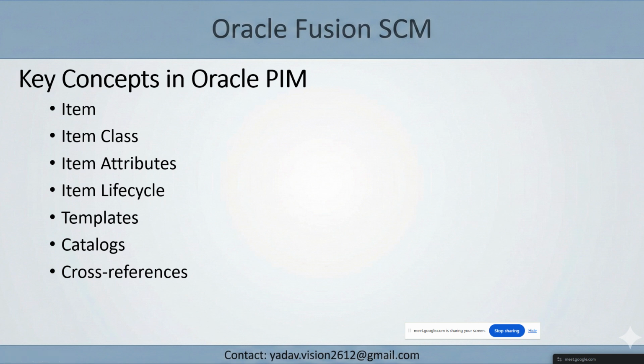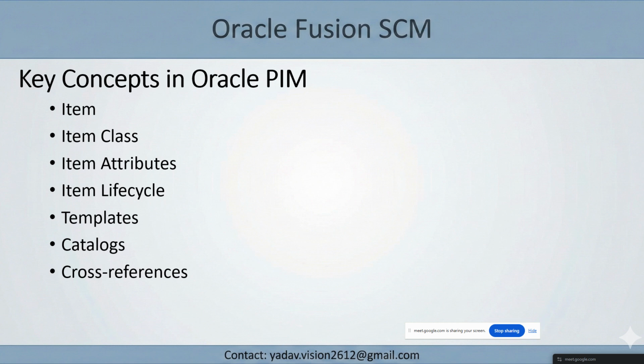These are the key concepts in the PIM module. We are going to have items, item classes, item attributes, item lifecycle management, and what the item templates, item catalogs and cross references are. We can see all of this and what the use of it is.